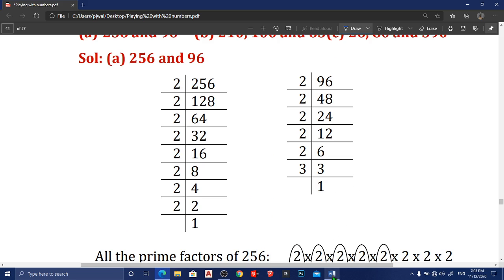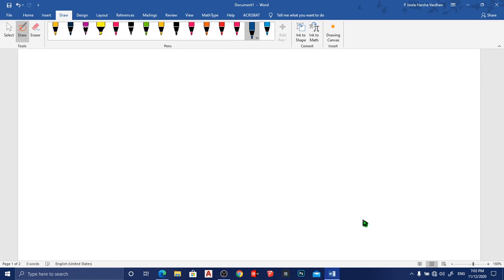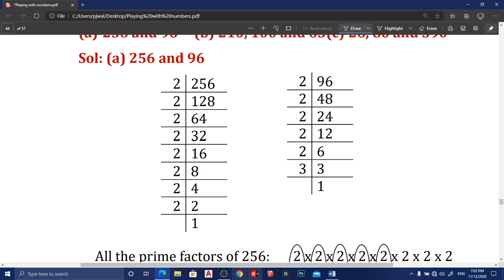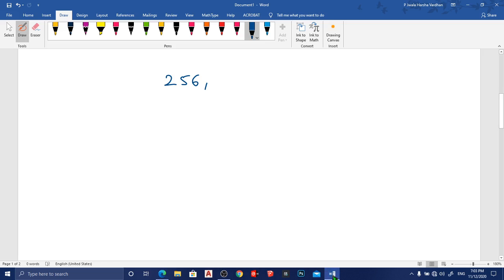The same problem, 256 and 96, we can do by taking the common division method. Now I am taking the common division method.